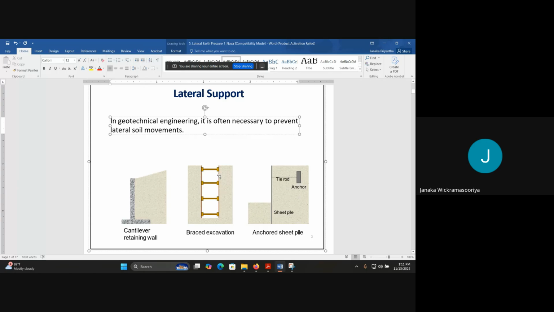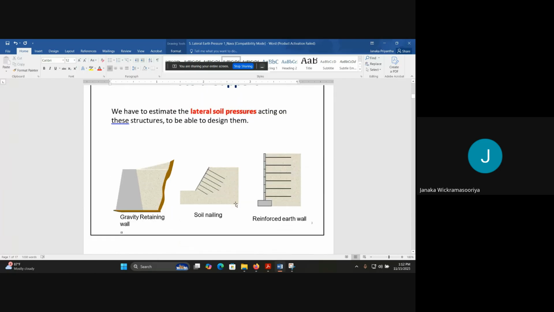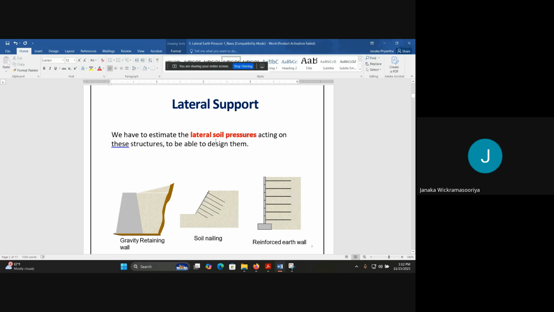Now what we do is we brace this, and there will be lateral forces from this particular soil towards these plates. Then anchored sheet piles or sheet piles, right? So likewise, there are so many applications of lateral supports or lateral forces, and we have to estimate the lateral soil pressures acting on these structures.